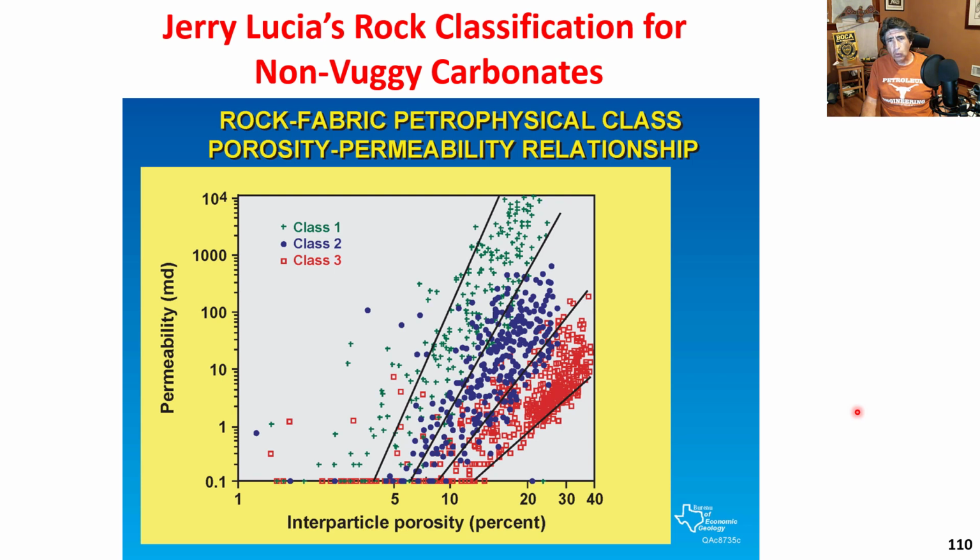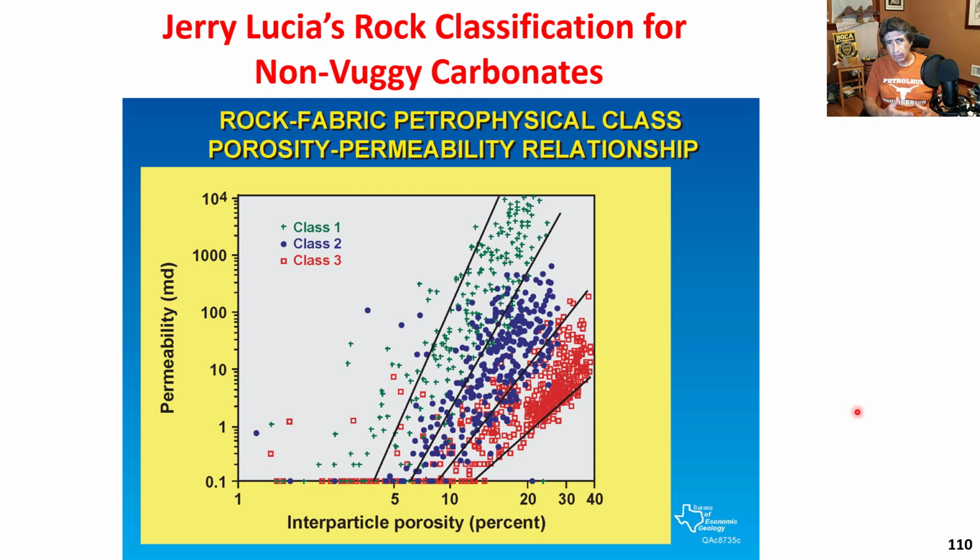I also want to mention that Jerry Lucia at some point did his own classification based on what he called pore fabric. Pore fabric is a way of expressing more or less the roughness of the pores based on their genesis and diagenesis.